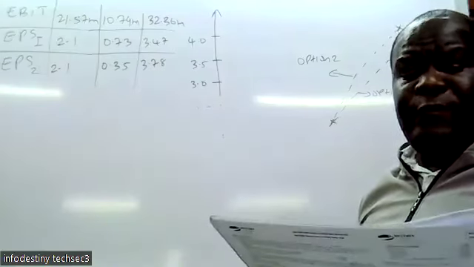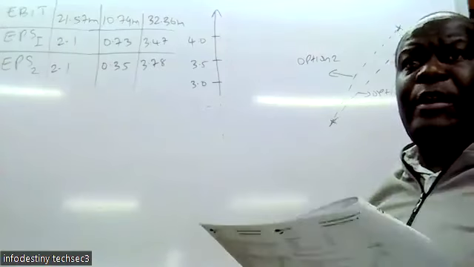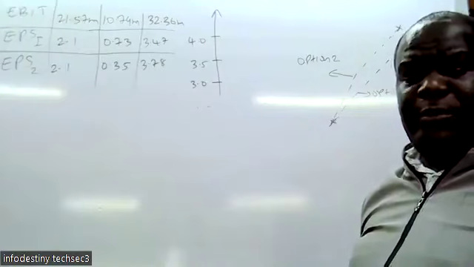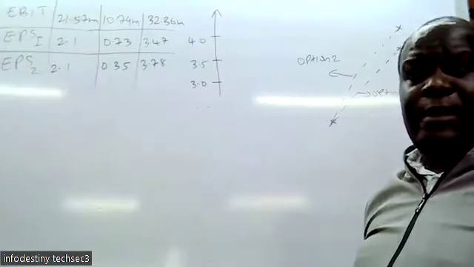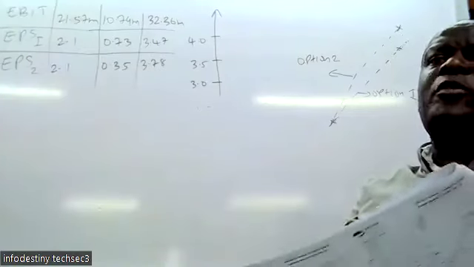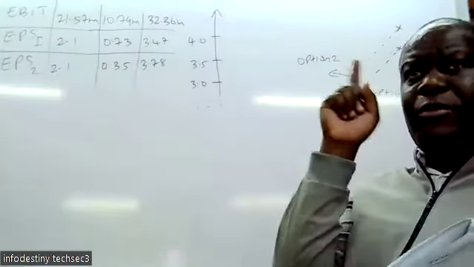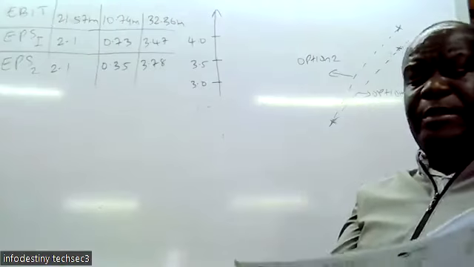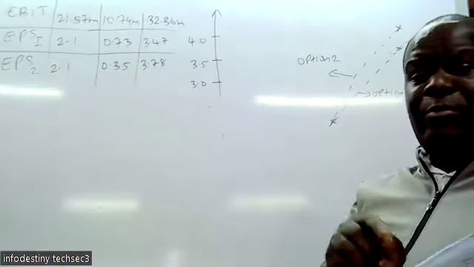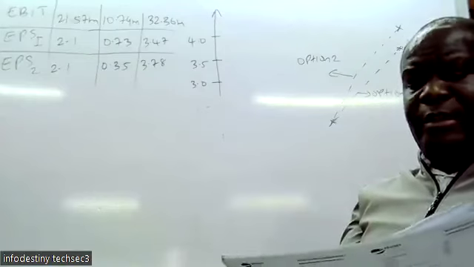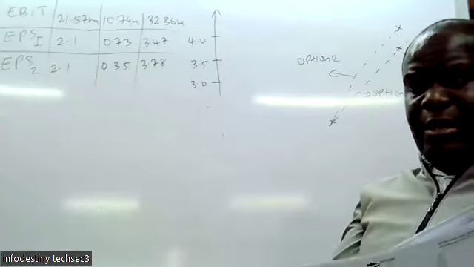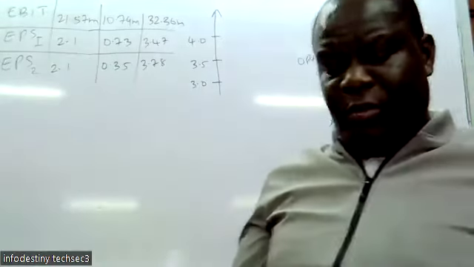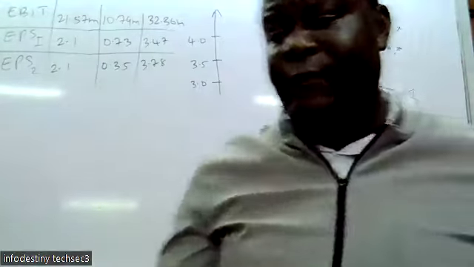You can see the states of nature: good, moderate, and poor. The probabilities are given. The first operating profit is 20,000, and the 3 zeros above will also apply. So that means good is 20 million, the other one is 15 million, and the last is 10 million.